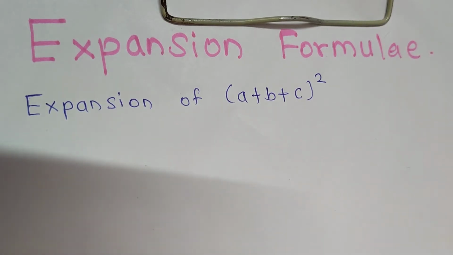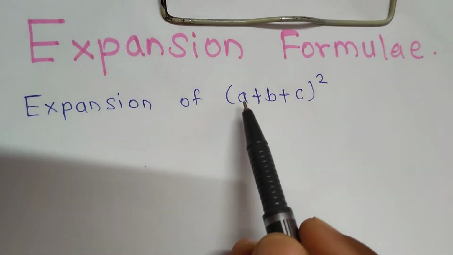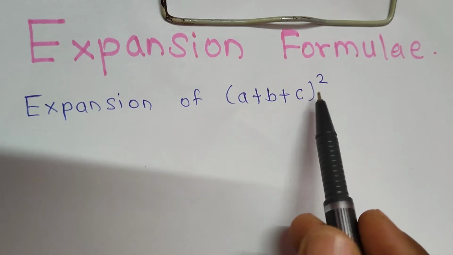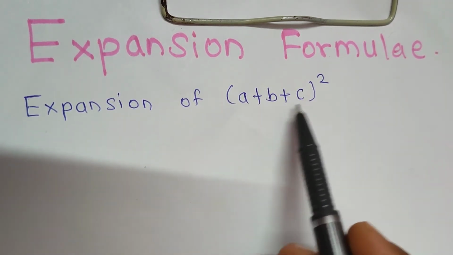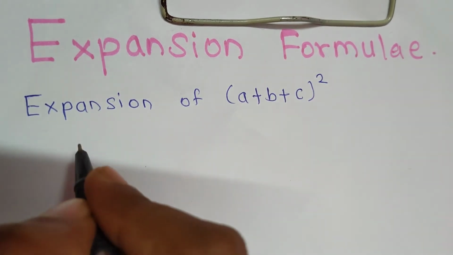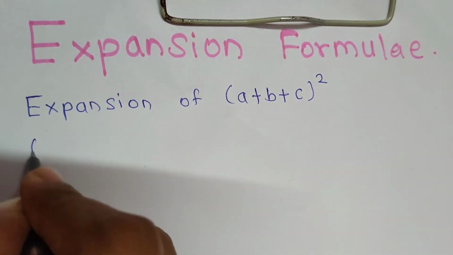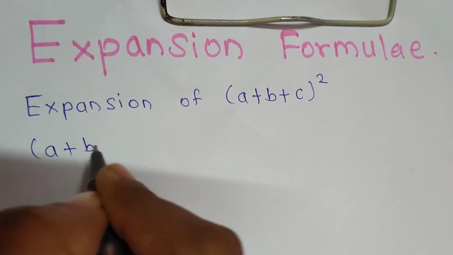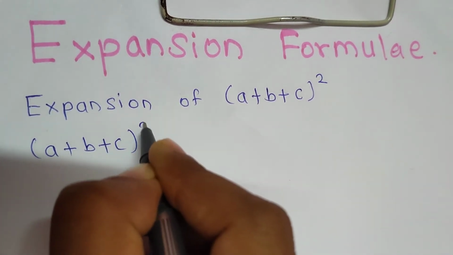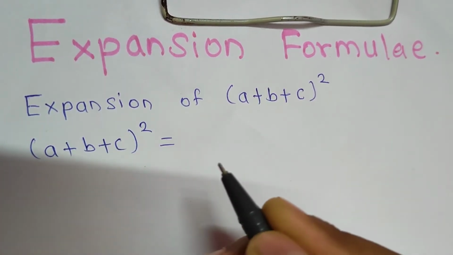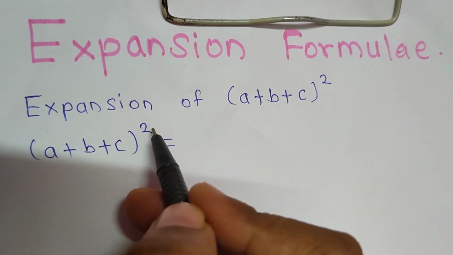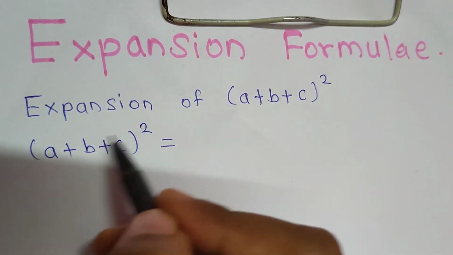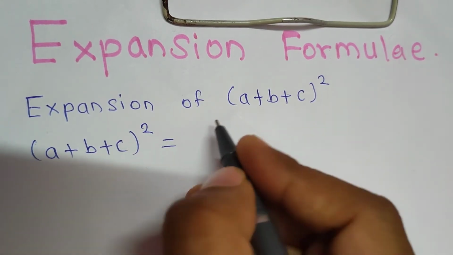Originally, we have the formula to be proved, (a + b + c) square. We have to find out what will be the solution after solving this expansion. So let's start with it. (a + b + c) square is equal to, as we have this whole bracket square, that means we have to multiply it with itself.